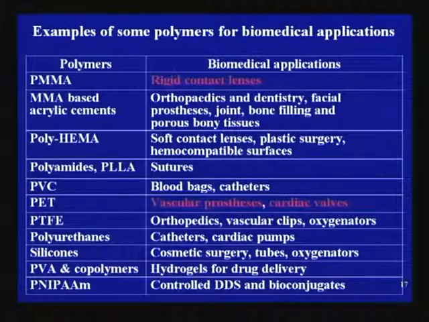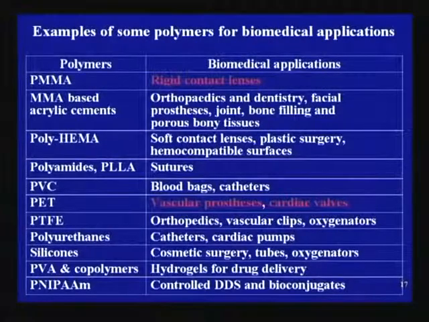Polyurethanes, although these polyurethanes are made from what? Diisocyanates and diol. You know, isocyanates are highly toxic. Now, once these isocyanate groups react with hydroxyl group, it forms urethane bond.